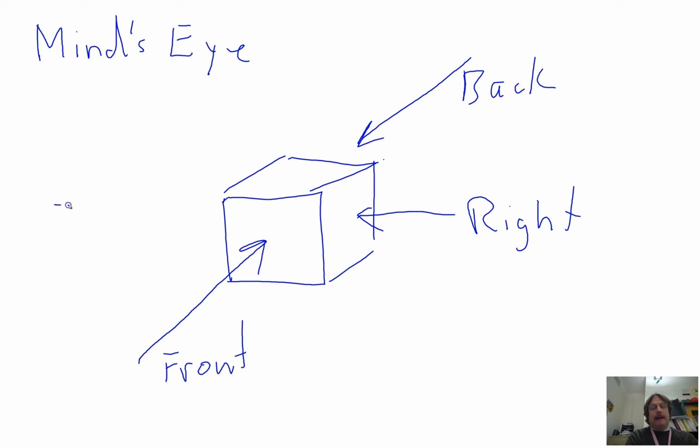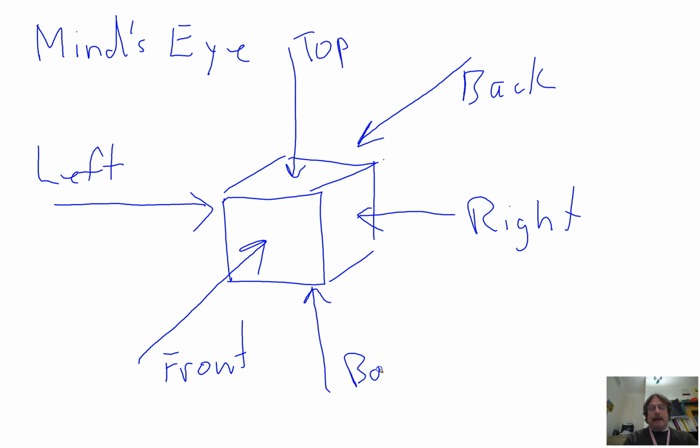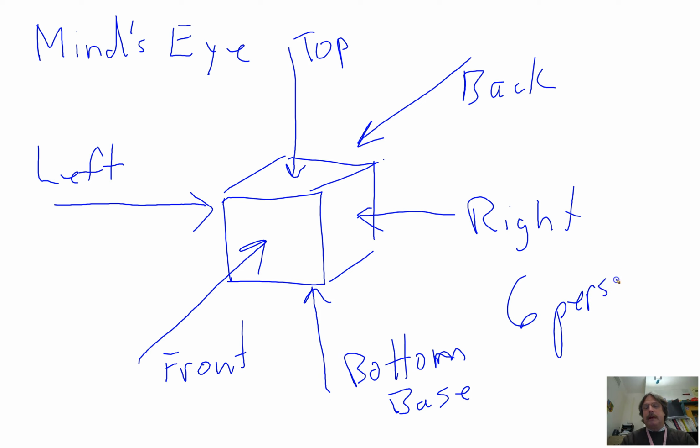And then if we look at it from this, which you can't see because of the way the object's drawn, this is the left side. And then we have the top, and of course we have the bottom. You'll also see in some texts, and I think our text does it, it's also called the base. So bottom or base, either one. So you have 6 perspectives on how to look at the object.